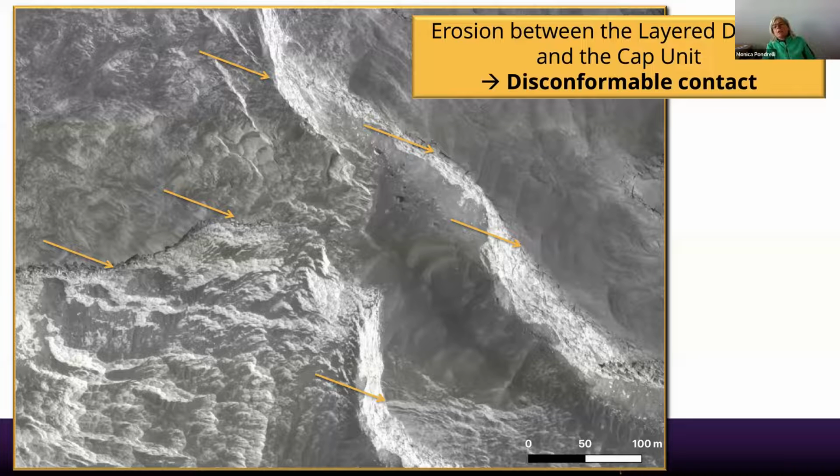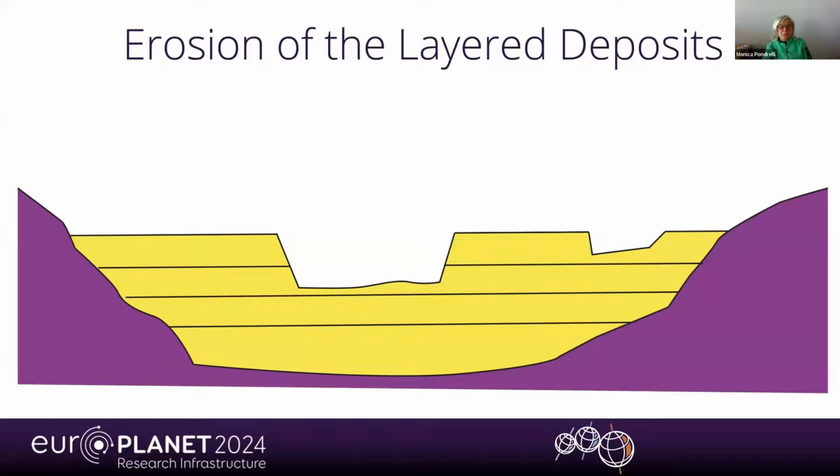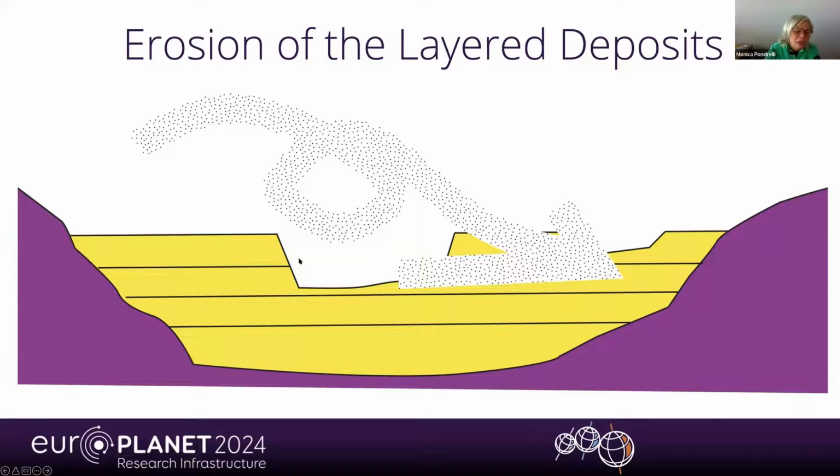In other words, this is a disconformity, which can be explained by an erosion which precedes the deposition of the cap unit and cut some of the layer deposits. This erosion might occur by wind or by water. This is a further step.